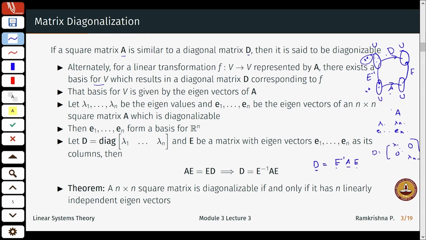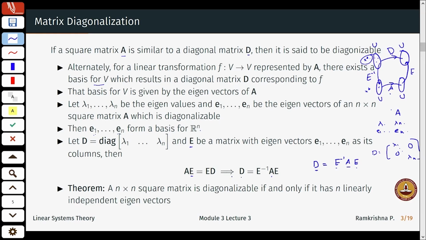I'll not do the proof of it, I'll just give you a little idea of what is actually happening here. It turns out that the eigenvectors E1 till En form a basis for Rn, and these eigenvectors are actually the E which will take me from A to D.